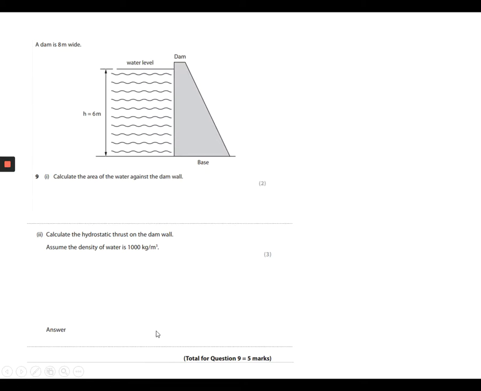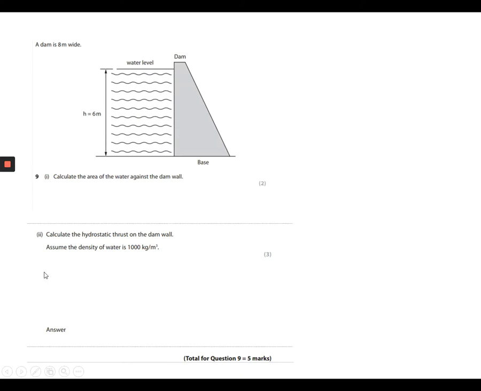So all you're doing to work out the moment is taking the hydrostatic thrust, which you've worked out, and multiplying it by the distance from the pivot, which is 2 meters in this case. Okay, because the centroid, we would draw it as a vector triangle. We'd find the centroid, which would be here. So there, from there to the pivot, because that's where it would turn if it fell from 12 o'clock to 3 o'clock, that's 2 meters up from the pivot.